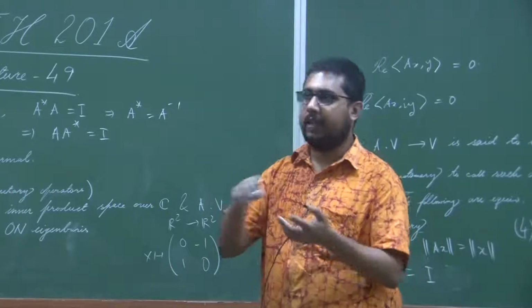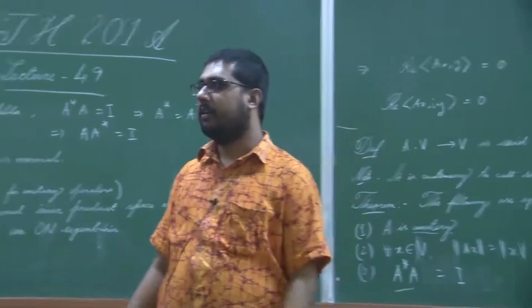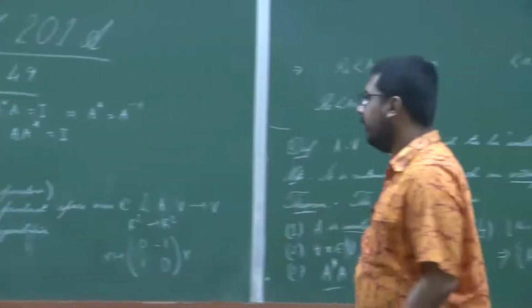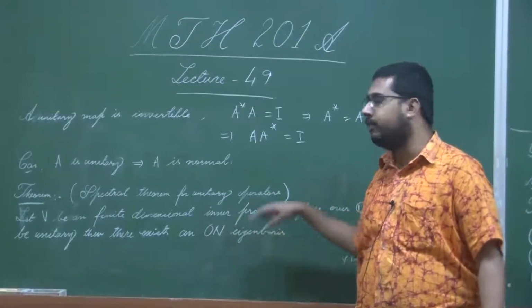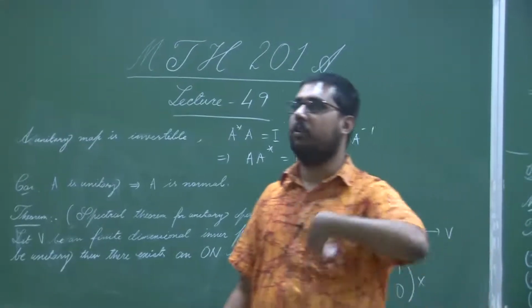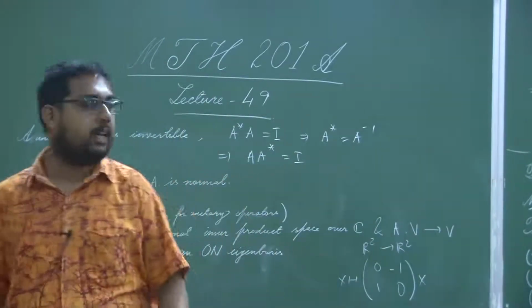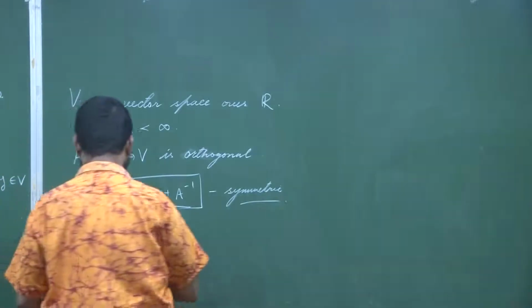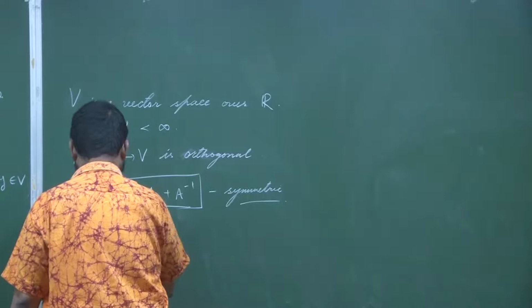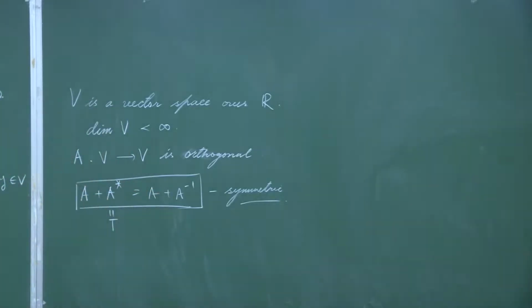For a general self adjoint operator, if it is over C, then we get its spectral theorem from the spectral theorem for a normal operator over C. If it is over R, then we proved separately that a symmetric operator has an orthonormal eigenbasis. So let us call it T.